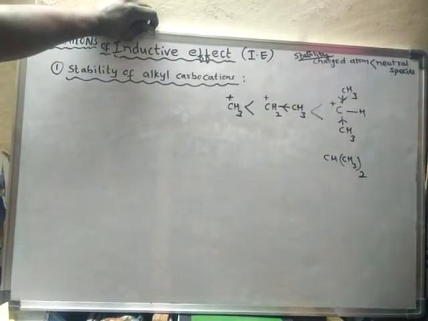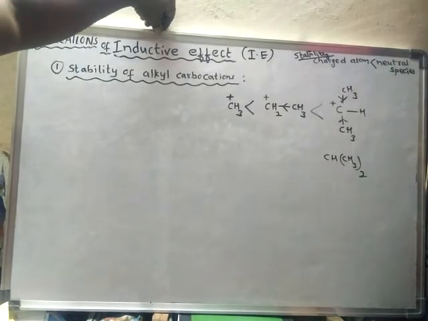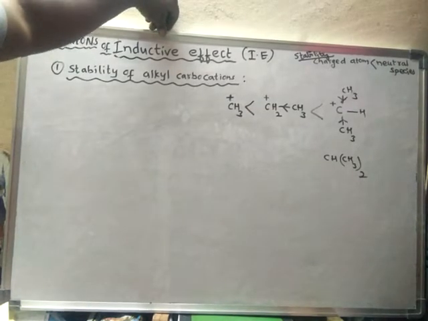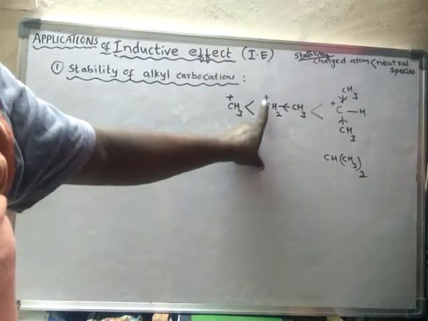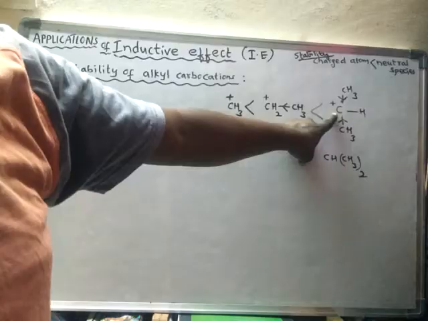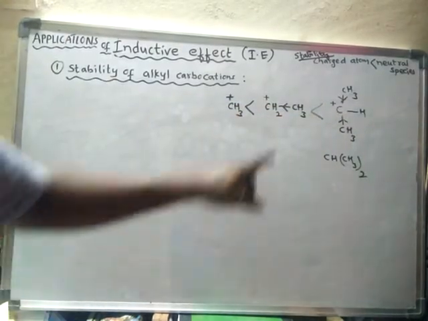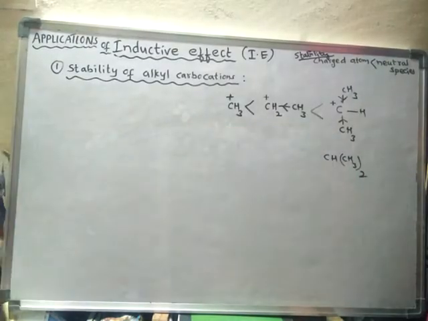Whenever there is a decrease in the charge on an atom, its stability increases. Here, more electrons are released towards this carbocation, so when compared to the other, this carbocation is more stable.